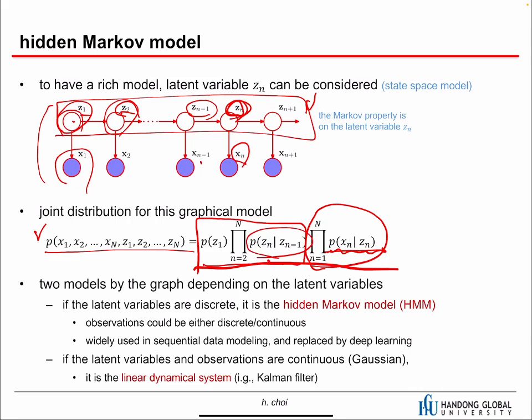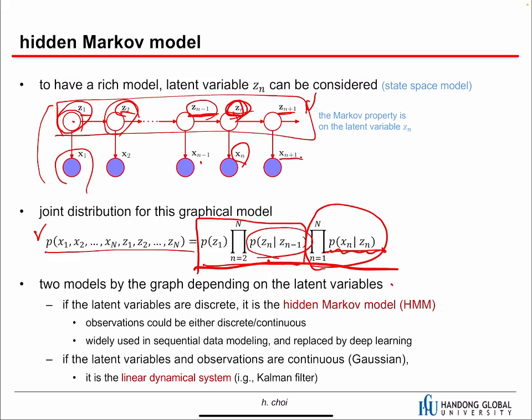Okay, and basically there are two different models by the graph depending on the latent variables. So when the latent variables are discrete, if zn, these are discrete, then it is hidden Markov model. So with hidden Markov model, we can have a discrete observation or continuous observation, but the latent variable should be discrete.